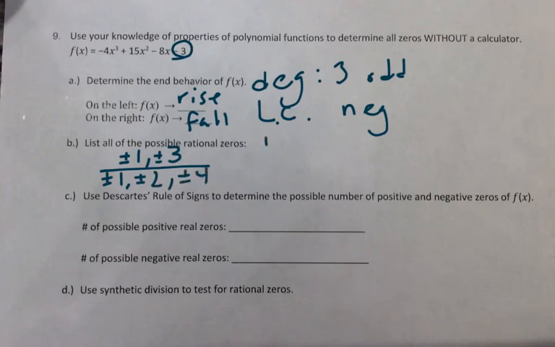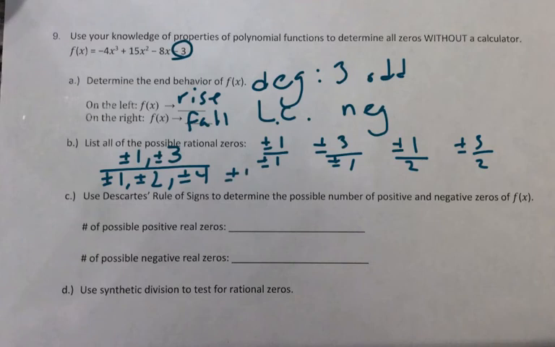So we get positive or negative 1 over 1, positive or negative 3 over 1, positive or negative 1 over 2, positive or negative 3 over 2, our fractions, our friends, our favorites, positive or negative 1 over 4, positive or negative 3 over 4.